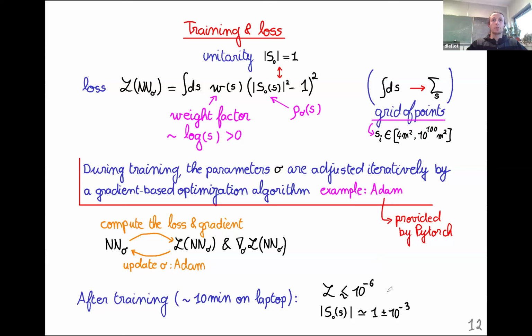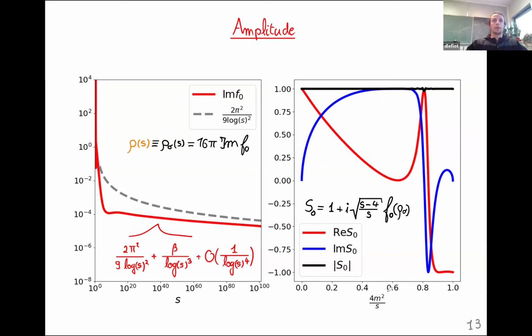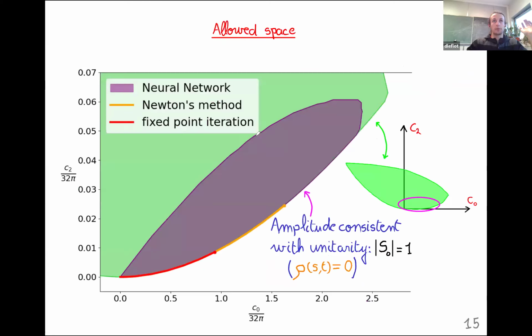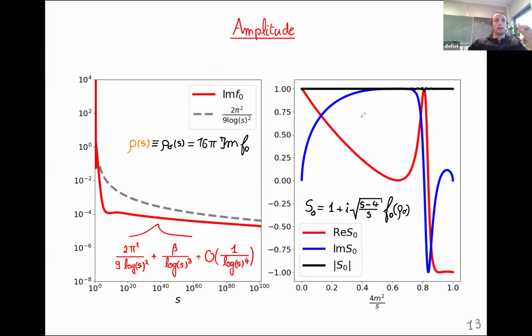Now, do you remember this Regge expansion? This is a consequence of unitarity, and it imposes that the spectral density must decrease with high energy. And actually, what happens if you try a point right outside the purple region? In fact, we could not find an amplitude with a decreasing spectral density.